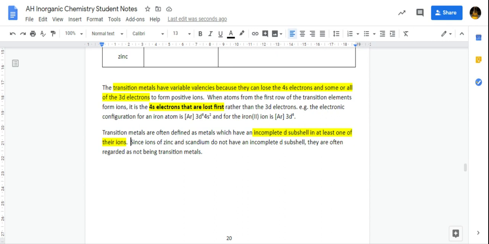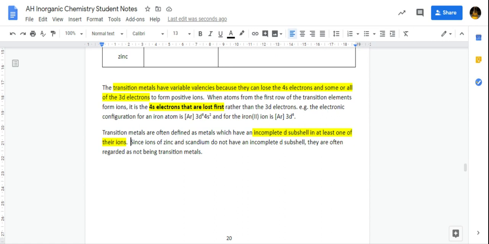You may remember from National 5, zinc always has a valency of 2, so it always forms a 2+ ion. So the electron arrangement of a zinc 2+ ion is 1s2, 2s2, 2p6, 3s2, 3p6, 3d10. So it does not have an incomplete d subshell in its ion. It has a full d subshell.